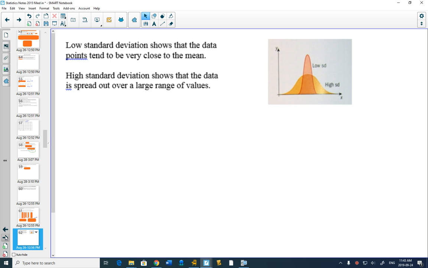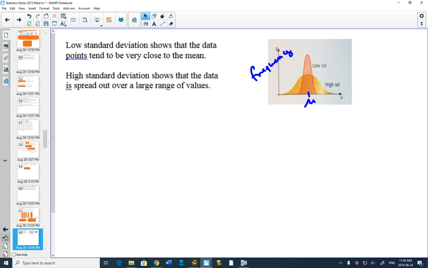So some things to look at. If you had the same amount of people and you had a low standard deviation, the y-axis would represent our frequency. The middle, right here, would be our mean.